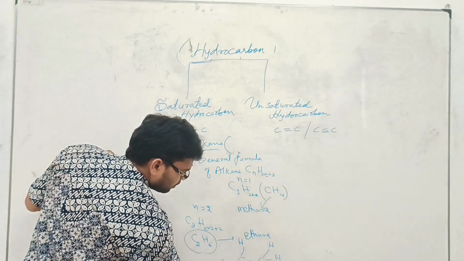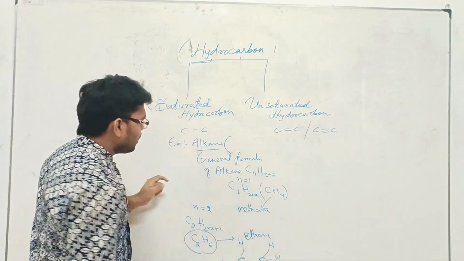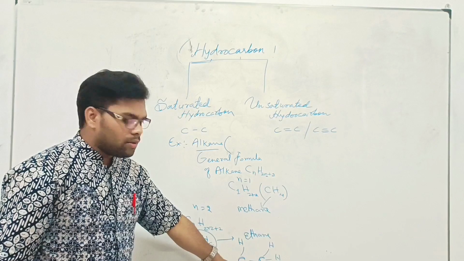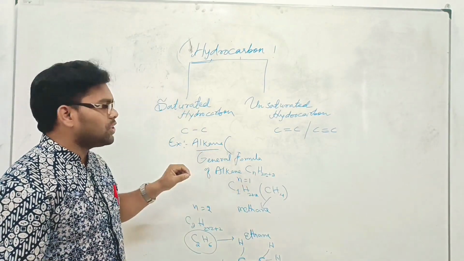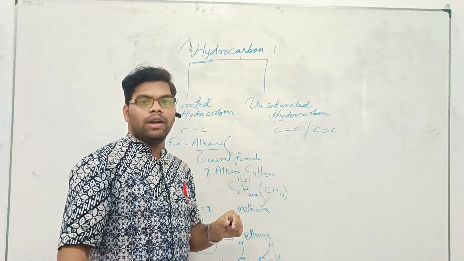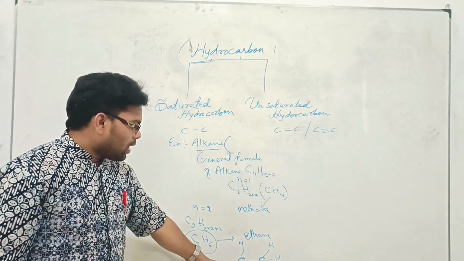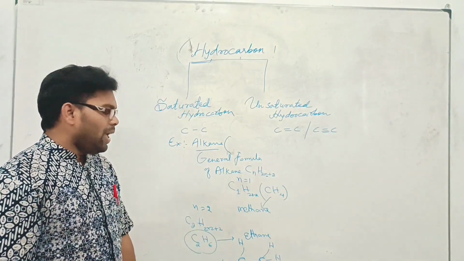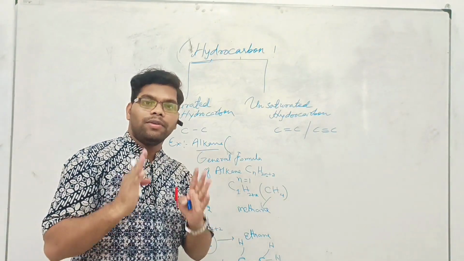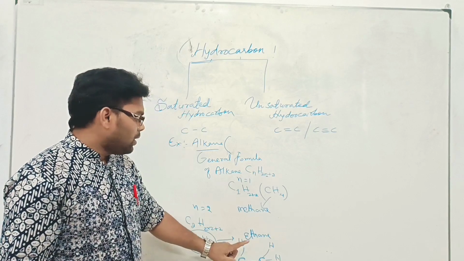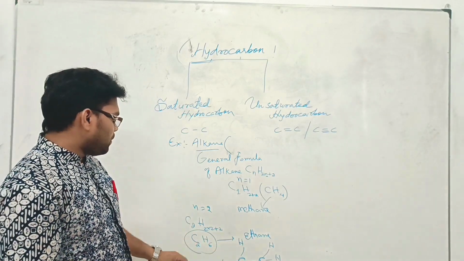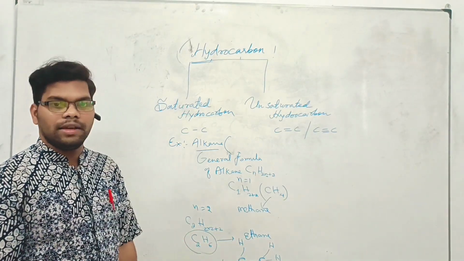Look, in between carbon and carbon, there is a single covalent bond. Carbon can form a maximum of 4 bonds because in the valence shell of carbon there are only 4 electrons. Therefore, here you can write carbon-carbon. This is the structural formula of ethane.